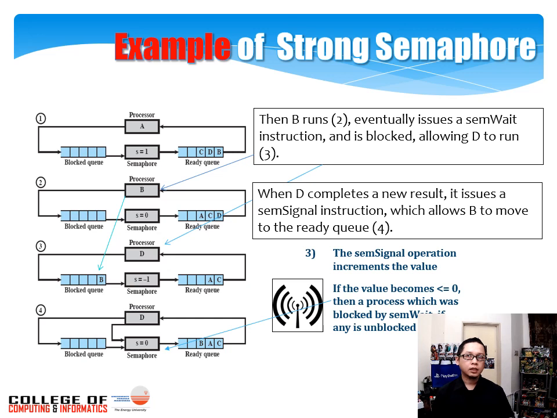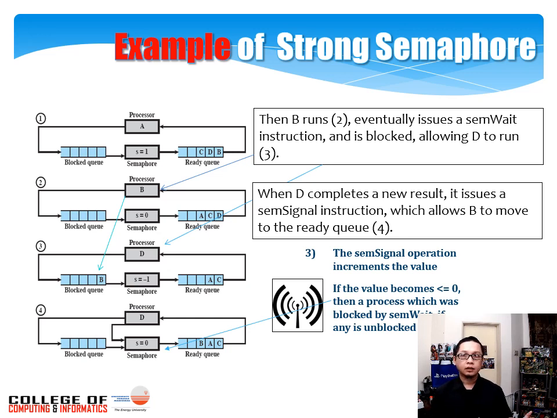So this is how semaphore is used. Each time a resource is being used and the process hasn't finished, it will issue a SEM wait, which will decrease the semaphore value. But once a process has finished, it will issue a SEM signal indicating that it has finished and will release its resources, hence it will increase the semaphore value.